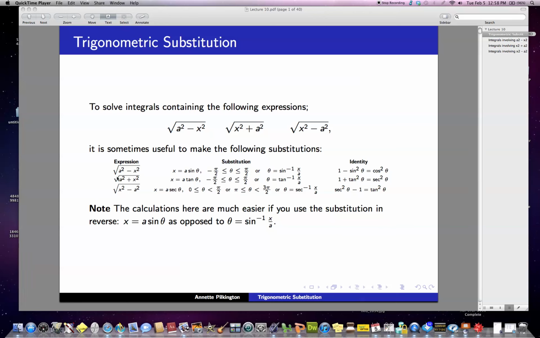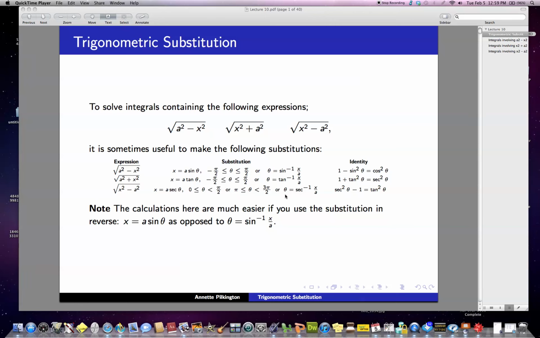If I have the square root of x squared minus a squared, then I make the substitution x equals a times secant of theta, and I choose the theta appropriately so that it's in the domain of the restricted secant function, and essentially I'm making the substitution theta equals secant inverse x over a.